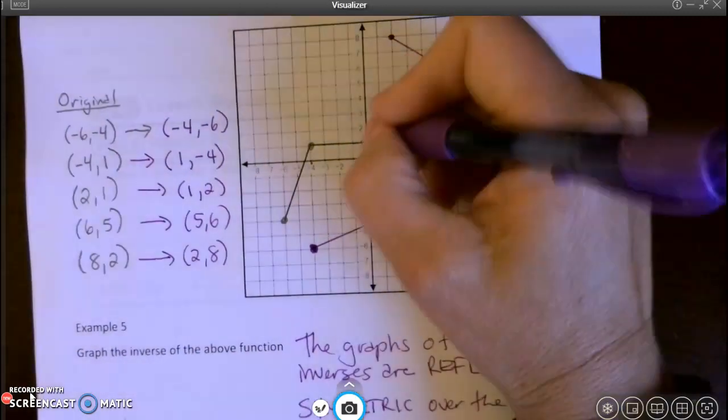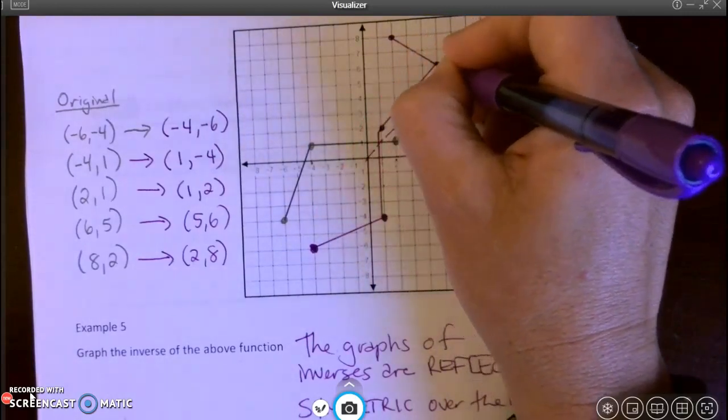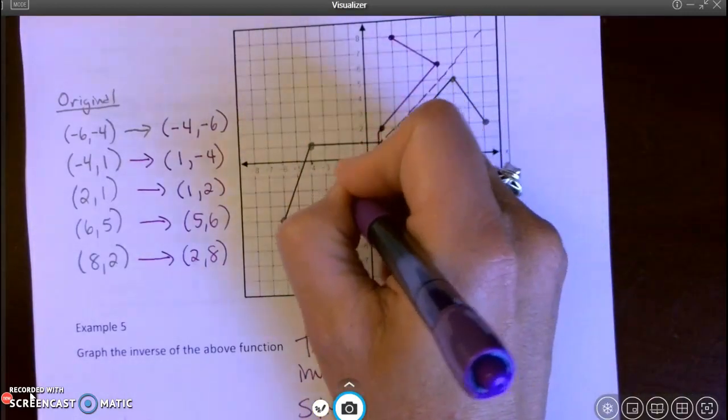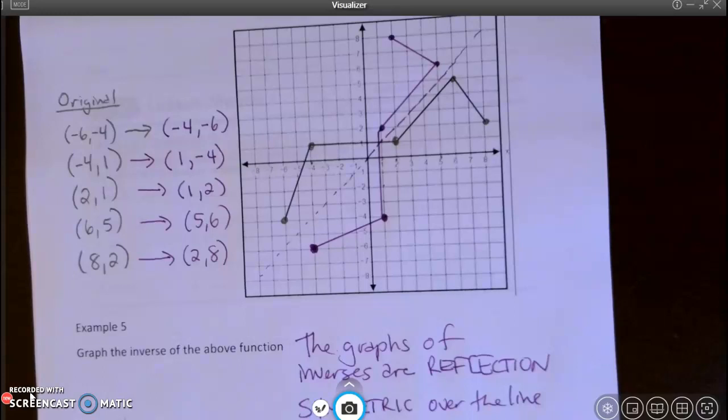Right? So if I was to draw this dotted line through y equals x, they are reflection symmetric. That's how I can tell that I have graphed them correctly.